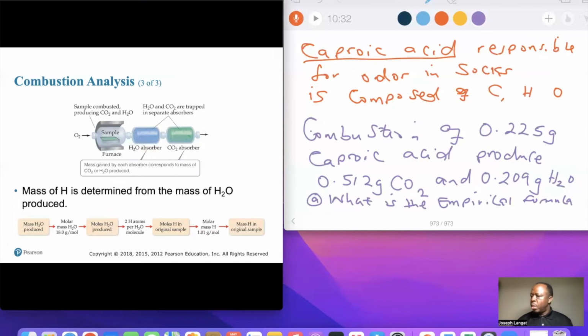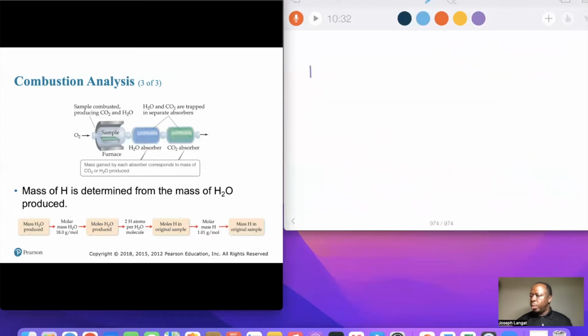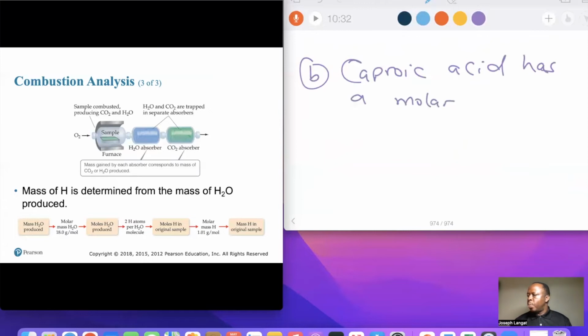And then B, caproic acid has a molar mass of 116 grams per mole.